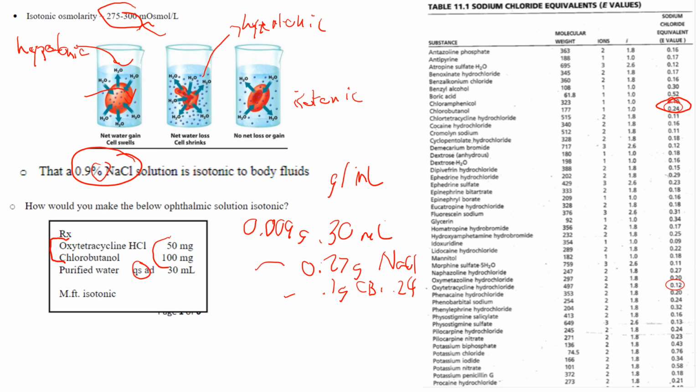Because this is the total amount we need in solution, and we're adding what we already have. So this will allow us to find our sodium. So we also have 0.05 grams oxytetracycline, and you can see that has 0.12 equivalents. So we multiply that by 0.12. I'm going to plug this into my calculator really quick.